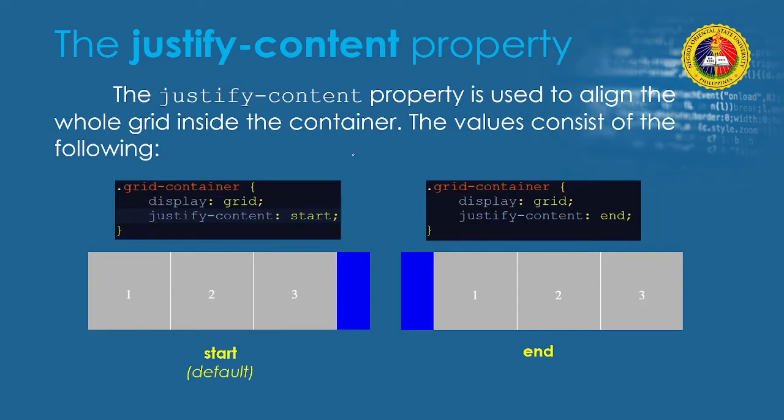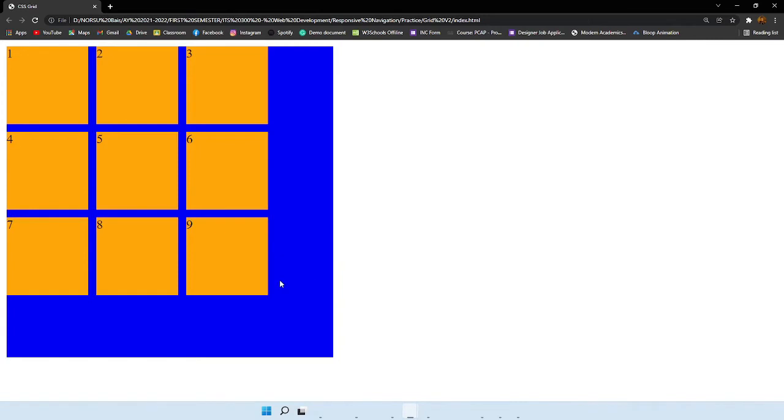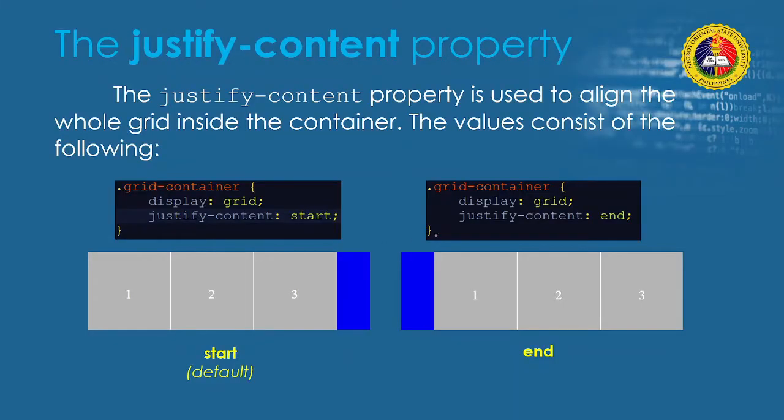The values consist of the following. First is start. This is the default. So to do so, we'll write justify dash content and then start. This is the default. Actually, this is already considered as justify content start. Now, next, we can also move it to the right side by setting it to justify content end.